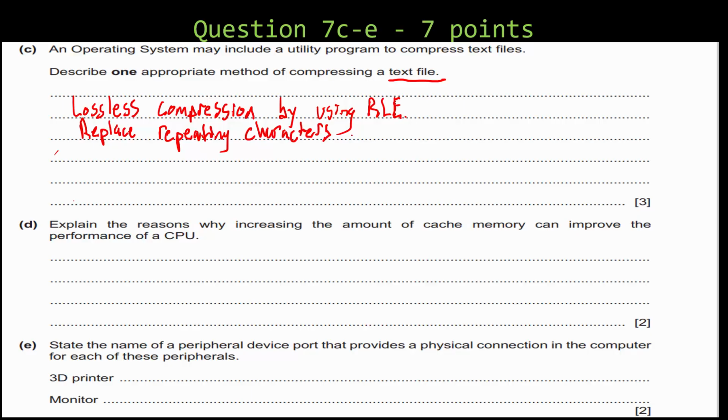We're replacing repeating characters with a single character. Now, I don't want to say letter because it's not always just letters, but replace repeating characters with a single character and then how many times that character is used, followed by how many times it is used.